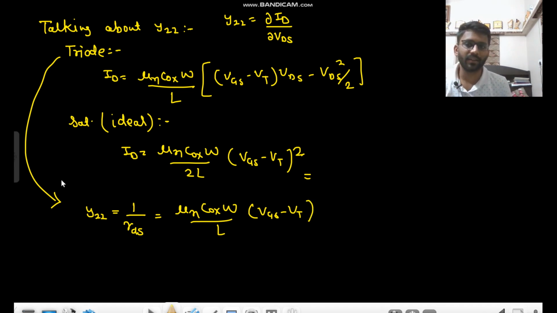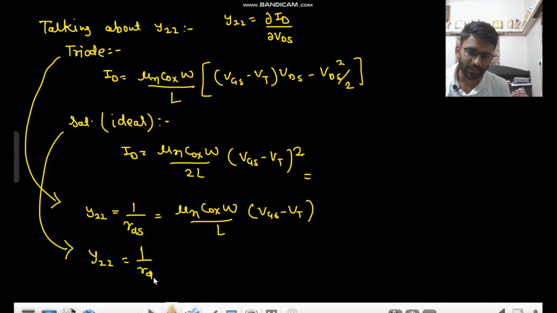Okay, and in saturation region, what is Y22? 1 upon RDS is equal to 0. Ideally, the drain current doesn't even depend on the VDS value. So if it is not even depending, then your Y22 would be 0.